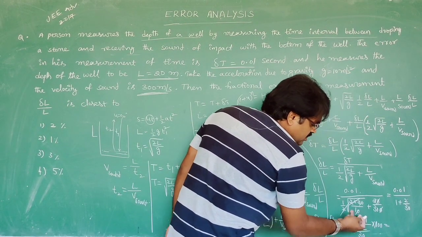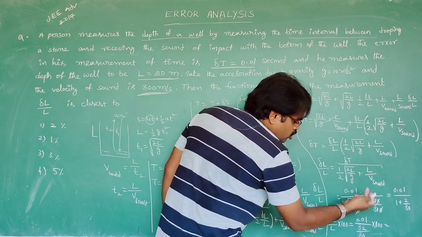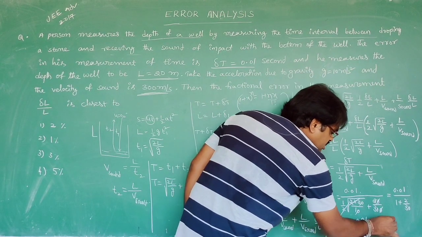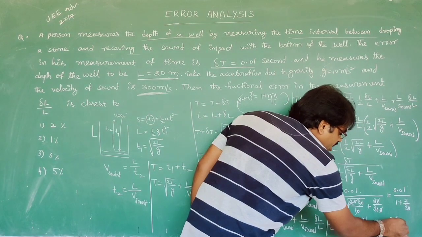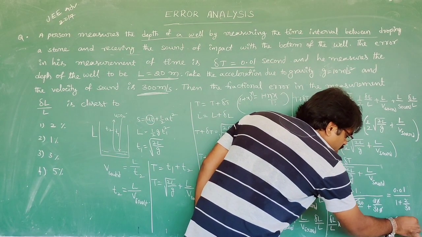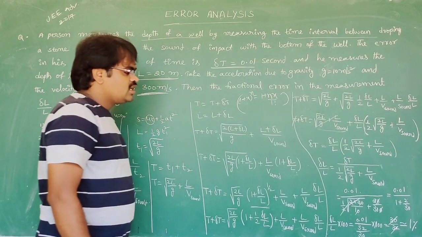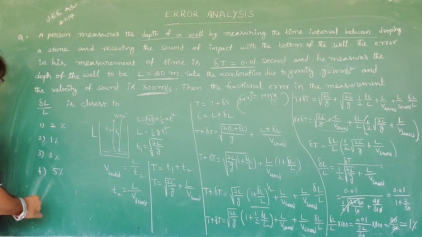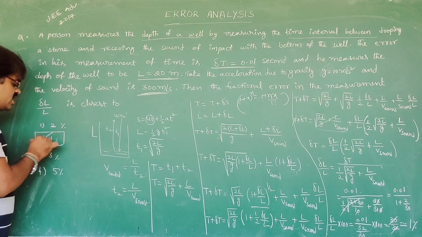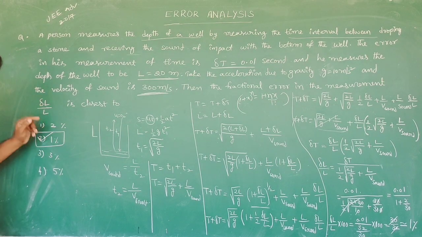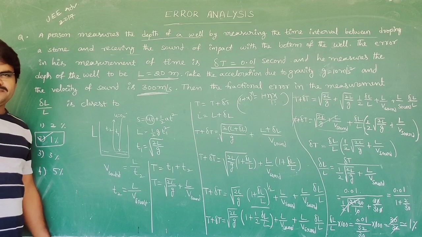Then we write 100 into 0.01 becomes 1, reverse it, 30 by 32. Then it is cancelled, approximately equal to 1%. That is, the answer will be 1%. The error in the measurement of the depth of the well is 1%.